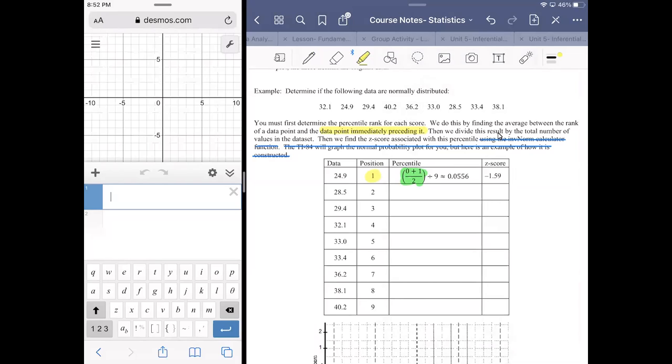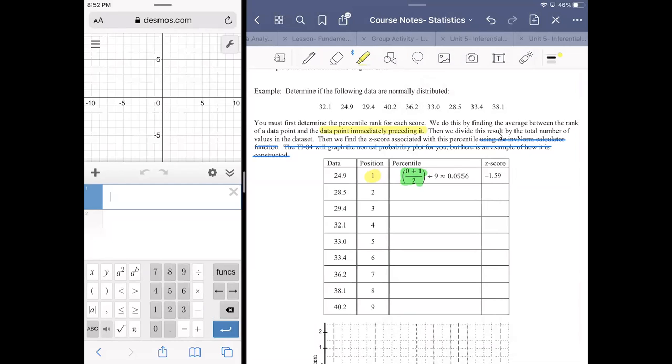Well, if there could be a data point prior to the first one, it would be the 0th one. All right, so we start off with a value of 0. We're finding the average of 0 and 1, divided by 9. So 0 plus 1, divided by 2.